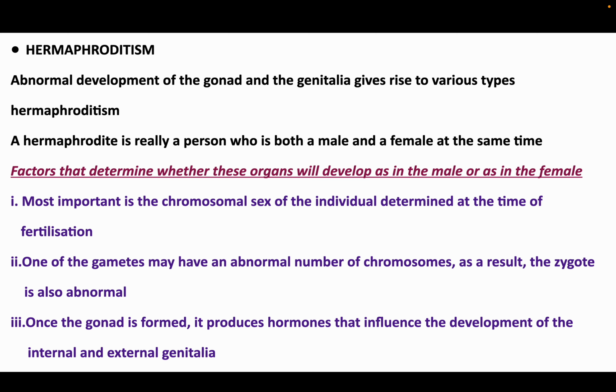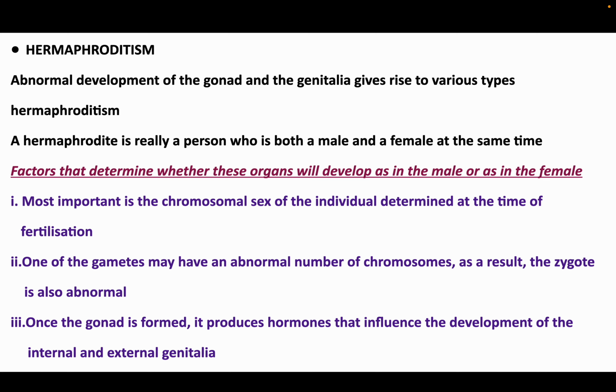Coming to hermaphroditism, abnormal development of the gonad and the genitalia gives rise to various types of hermaphroditism. A hermaphrodite is really a person who is both male and female at the same time. Factors that determine whether these organs will develop as male or female are: number one, and the most important, the chromosomal makeup of the individual, which is determined at the time of fertilization.